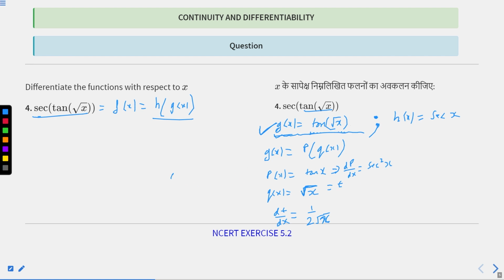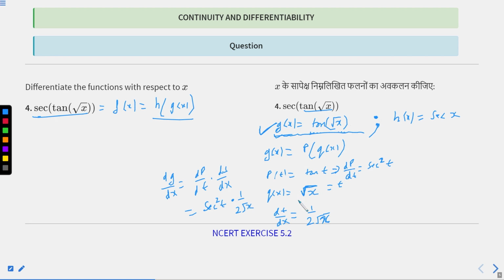Now dg by dx will be dp by dt multiplied by dt by dx. dp by dt is sec square t, and dt by dx is 1 by 2 root x.